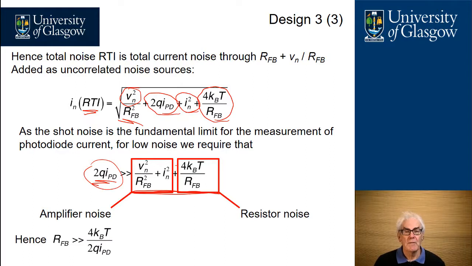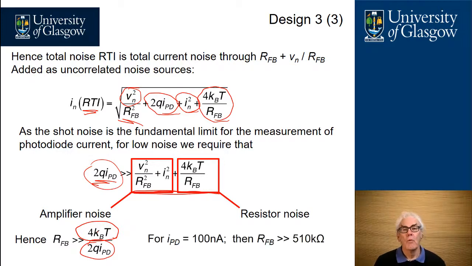What we can effectively say is that in order to make sure that the shot noise is much greater than all the other contributors, the feedback resistor must be much greater than 4kT divided by 2Q times the current.